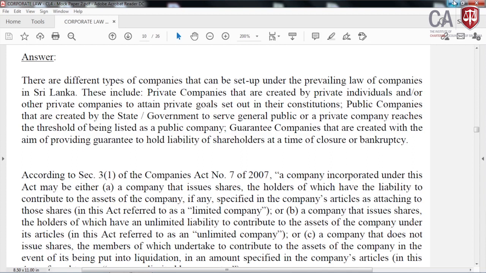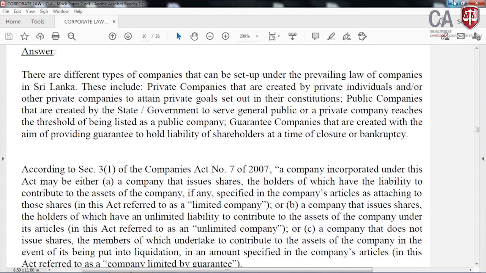Then the third category of companies are called guarantee companies, that are created with the aim of providing a guarantee at the inception of the company, so that the shareholders don't have to pay for the shares, but they guarantee to provide the amount for their shares if that guarantee company comes into a situation of liquidation or dissolution, to hold the liability of shareholders at a time of closure or bankruptcy.